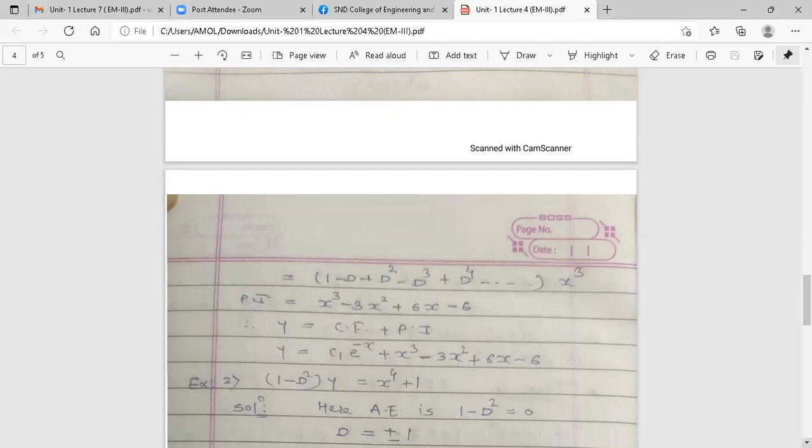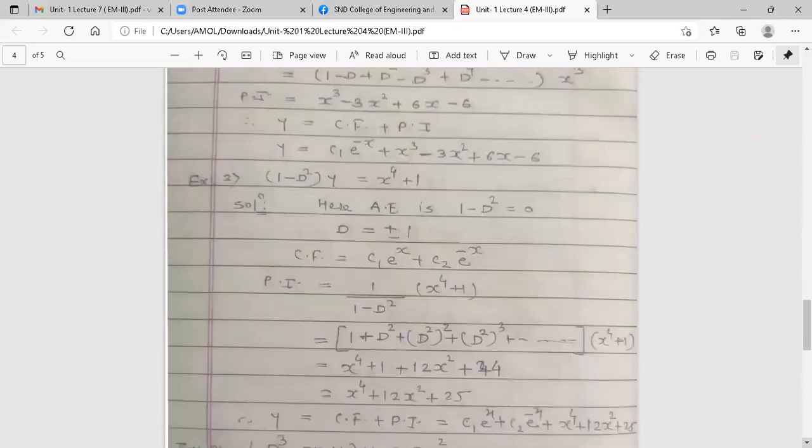Now, the next example is here. Next example: (1 minus D square) into y is equal to x raised to 4 plus 1. It is the reduced form of the LDE, phi of D into y is equal to f of x. So your auxiliary equation is 1 minus D square equal to 0.